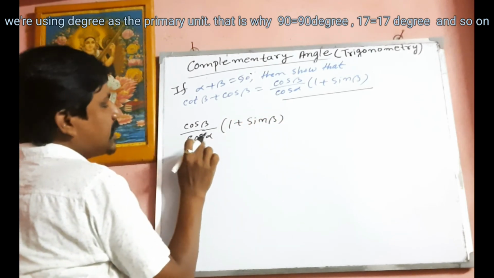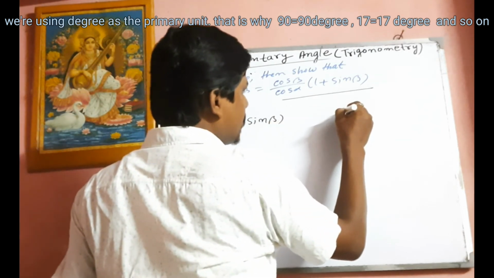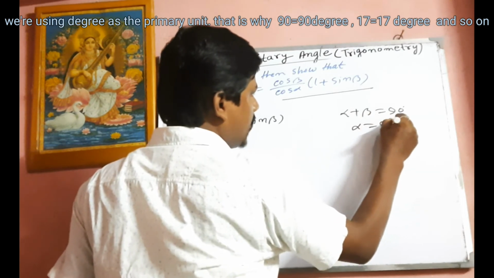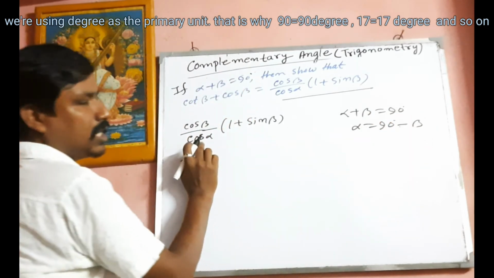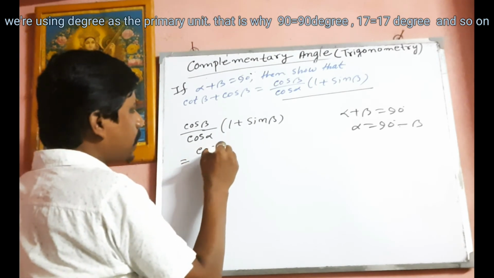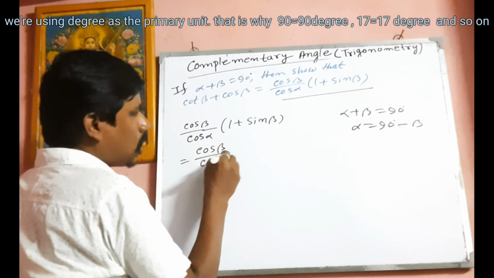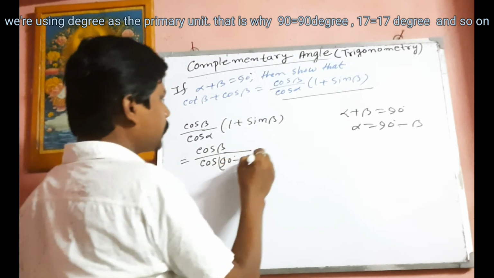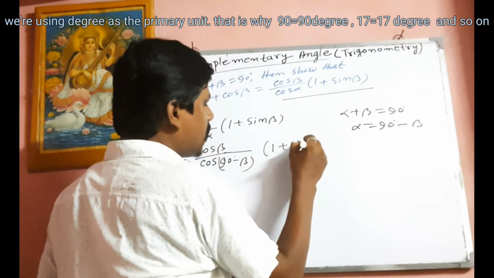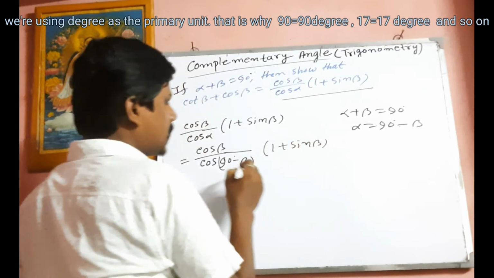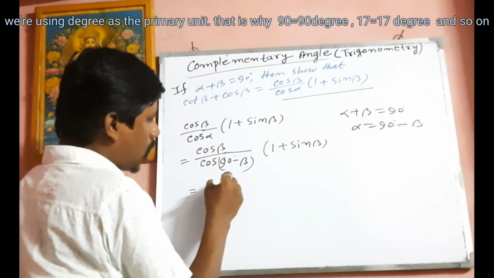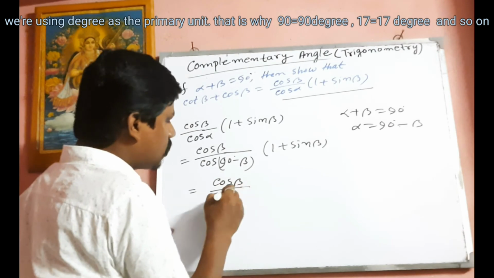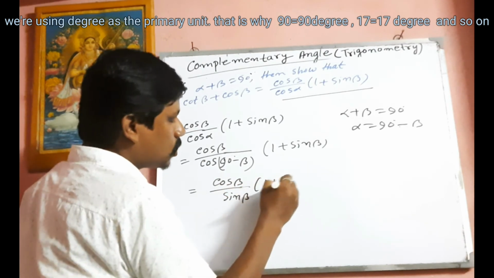Now we are replacing alpha. Alpha plus beta is equal to 90 degrees, that is alpha is equal to 90 minus beta. We are using here cos β over cos(90° − β), times 1 plus sin β. So cos β, and we know that cos(90° − θ) is equal to sin θ.